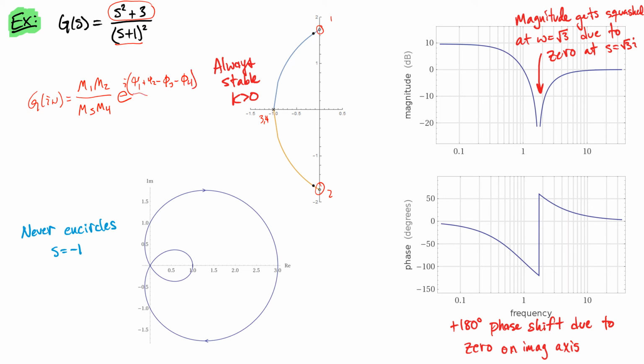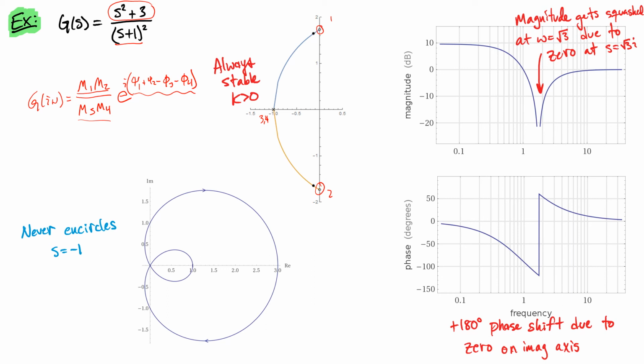And so the overall phase is going to be the sum where the zero angles appear with positive numbers and the pole angles appear with negative numbers. The magnitudes of the zeros appear in the numerator and the magnitudes of the poles appear in the denominator. So that difference affects how we sketch out the Bode plots because of the sign and whether the magnitudes appear in the numerator or denominator.